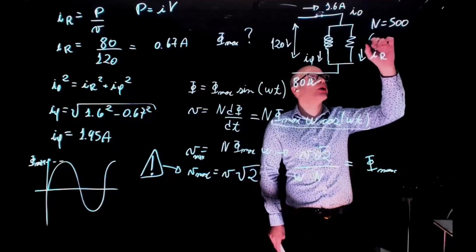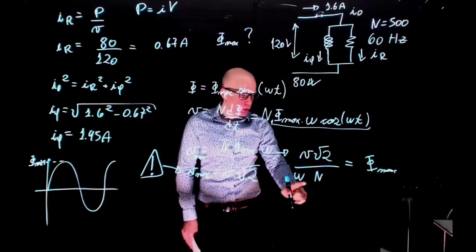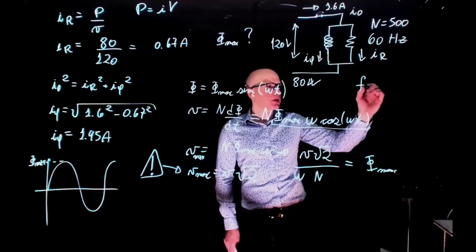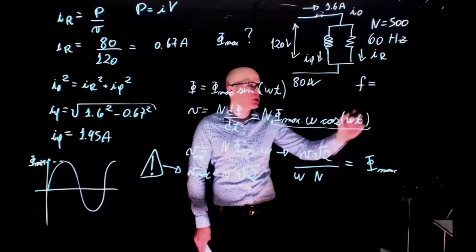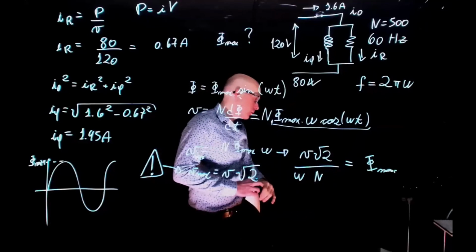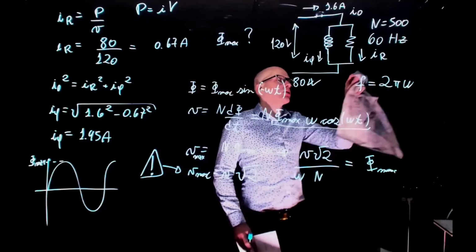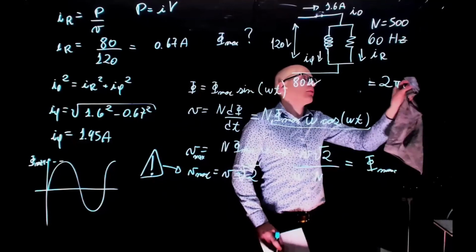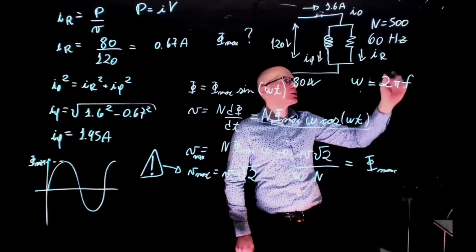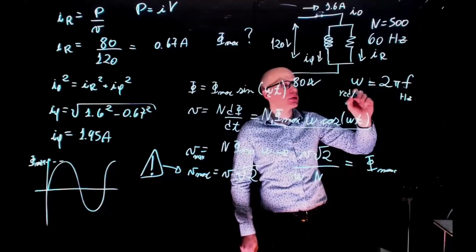We know that this operates at 60 hertz according to the problem. So we can now rewrite omega in terms of the frequency f. What is the relation here? Sorry, it's omega equals 2 pi f. Frequency in hertz, frequency in radians per second.